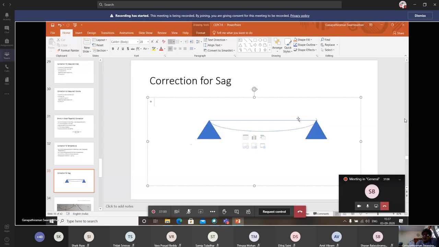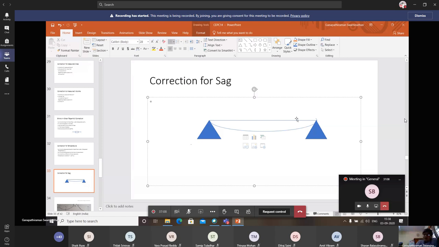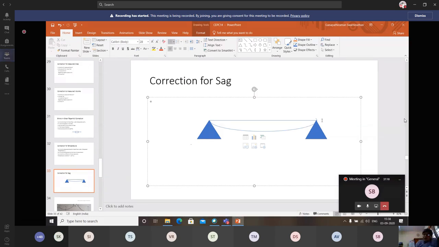There is no vertical load as such, but vertical load is acting along the string. Suppose you find out the total weight of the string and you project it along the horizontal length. This is the horizontal length between these 2 points. This is the length along the cable. Because of it, it's called a sag.